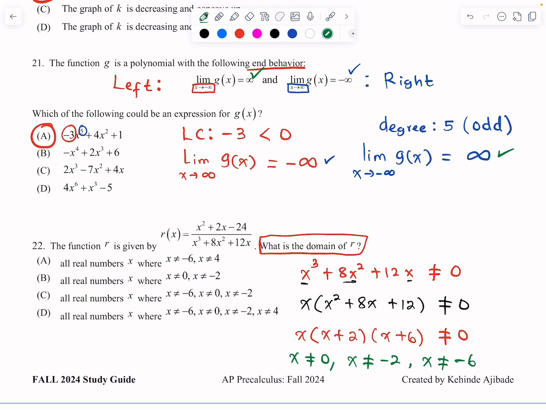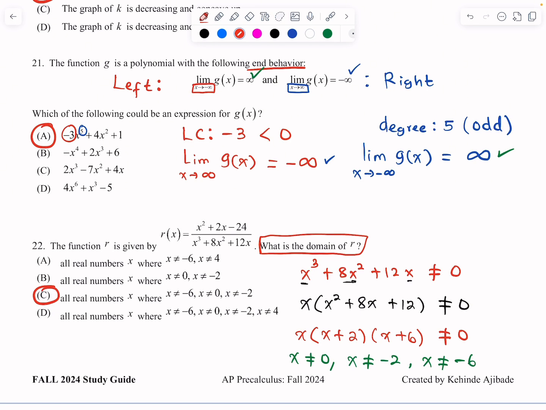So in this case, which of the following will be my domain? Of course, my domain will be all real numbers except x is not equal to 0, x is not equal to negative 2, x is not equal to negative 6. And that option would be option C.